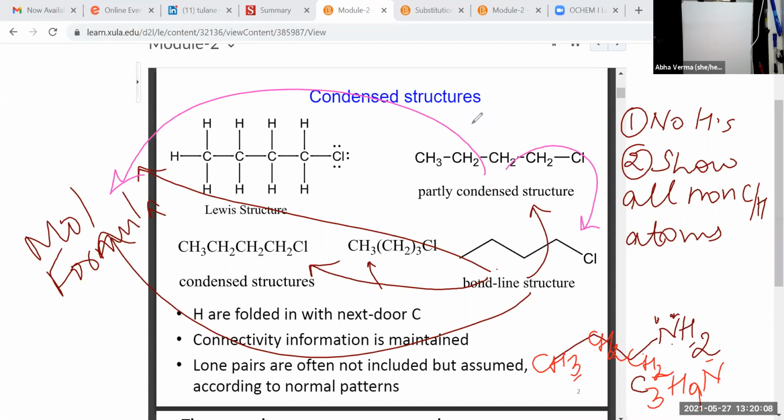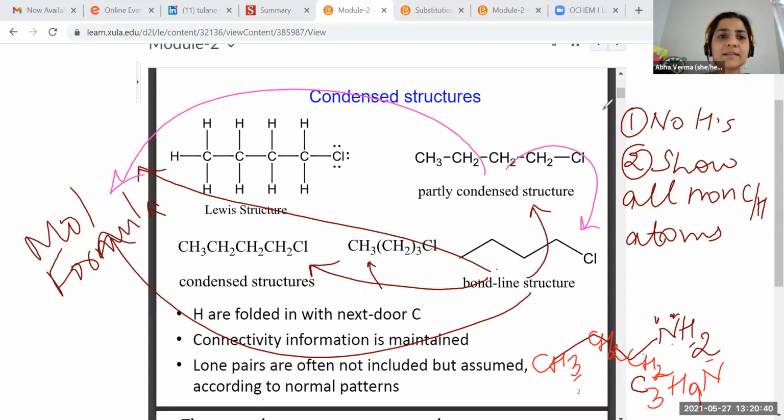So we can give you one type of structure. You should be able to recognize what that kind of structure is, and then figure out what the question is asking you. If it is asking for a bond line structure, a Lewis structure, or a condensed structure to be made, accordingly you have to answer that. Does that answer your question? Yes, ma'am. Thank you. Okay, very good.